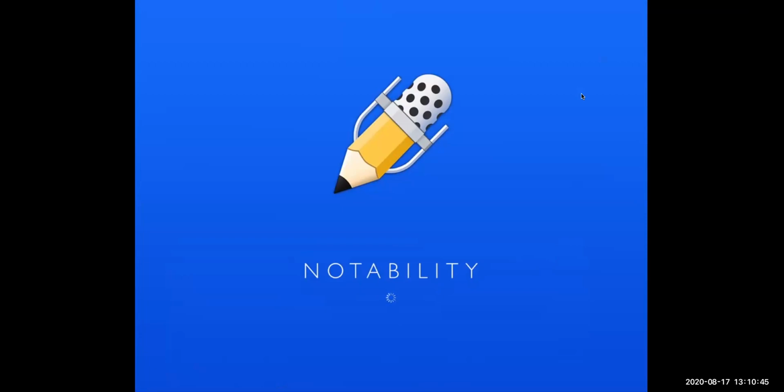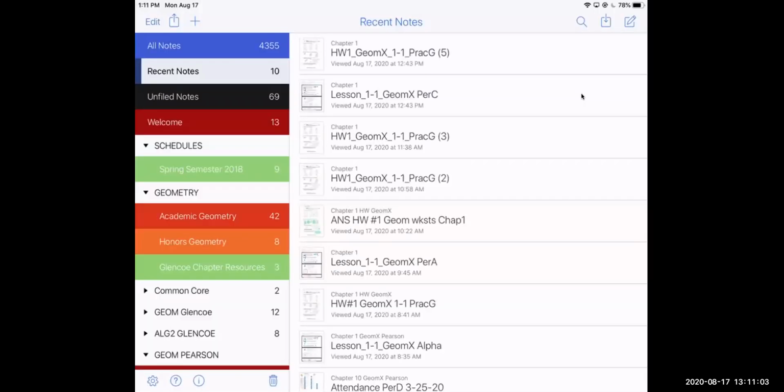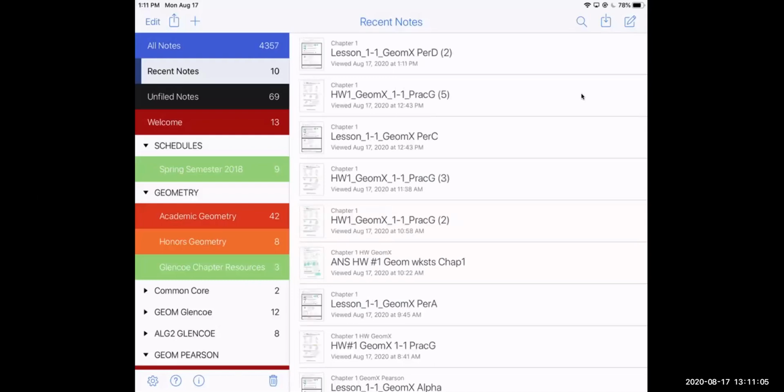Question? You shouldn't need a password if you're on the CHS Wi-Fi. You don't want to be on guest. You want to be on CHS. Yeah. Have you never connected to the CHS Wi-Fi before? Okay. She told me last week. Hold on a second.